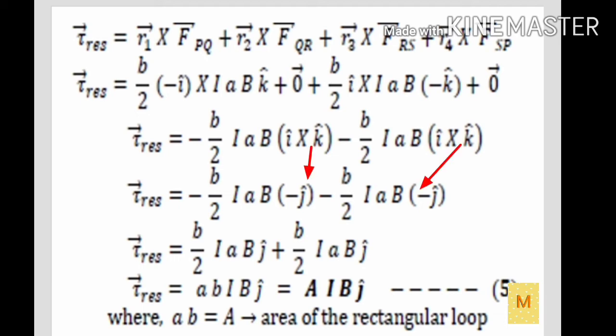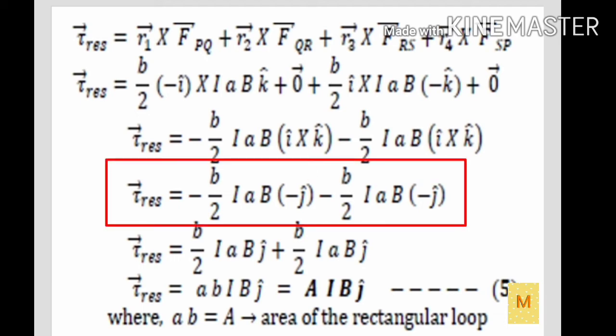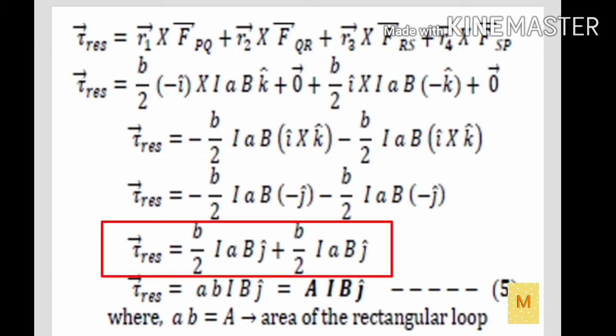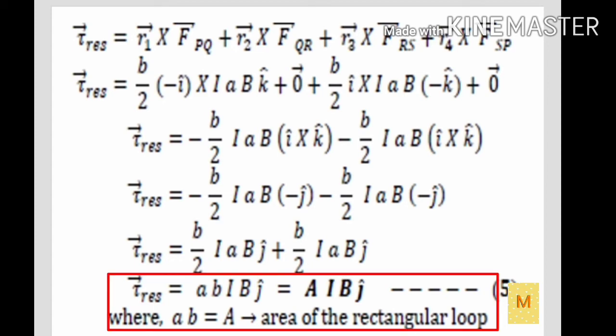Minus j cap. Hence the equation becomes minus b by 2 I A B into minus j cap minus b by 2 I A B into minus j cap, which is equal to b by 2 I A B j cap plus b by 2 I A B j cap, which is equal to a b I B j cap. Here a into b represents area of the rectangle, so it is replaced by the letter capital A, which will become capital A into I into B into j cap.